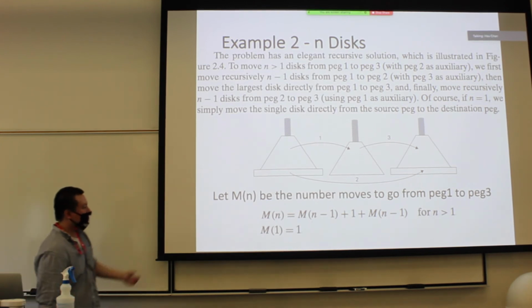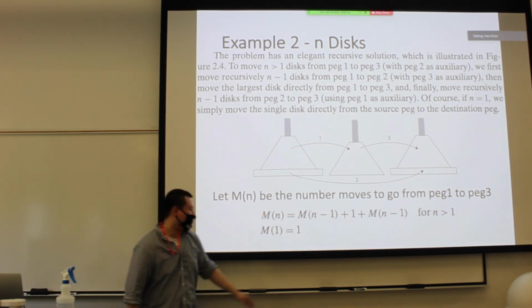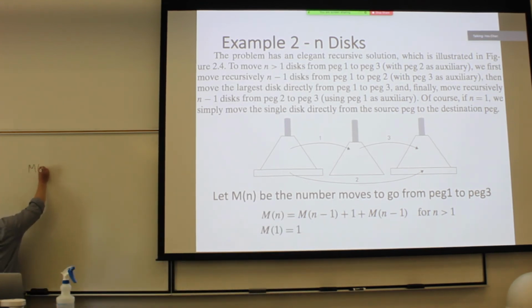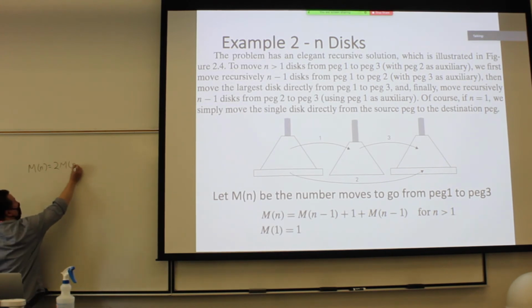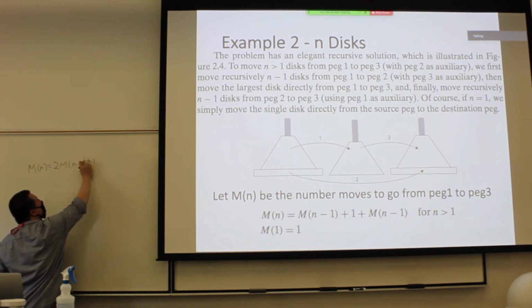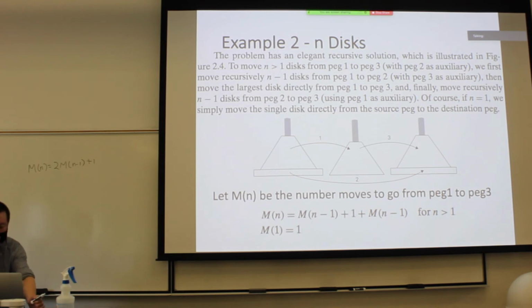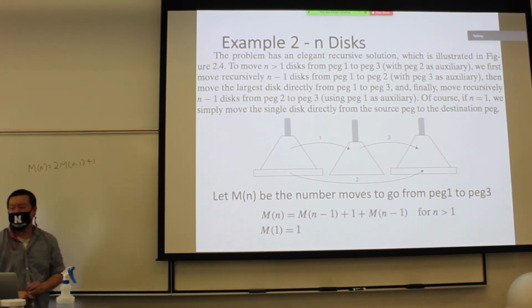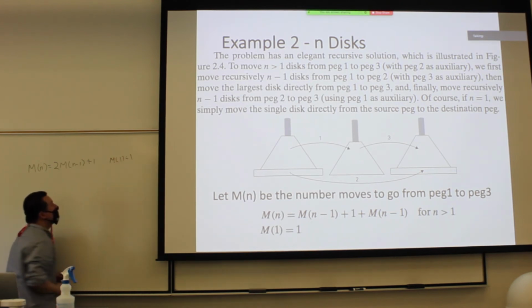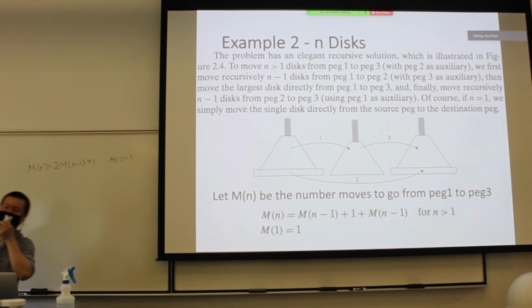So the question is, how do we solve this recurrence relation? We have this relation: M of n is equal to 2 times M of n minus 1 plus 1, with M of 1 equal to 1. We're going to try to solve this with initial conditions. I think you have done something similar in your homework for 235.